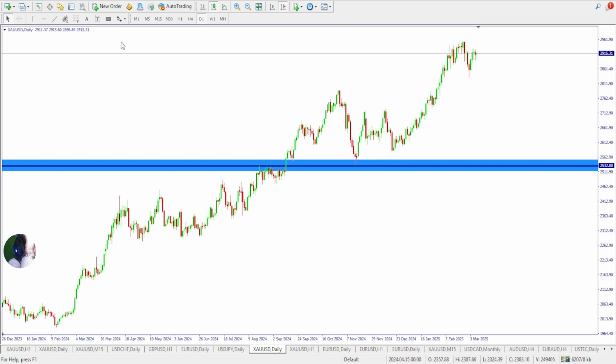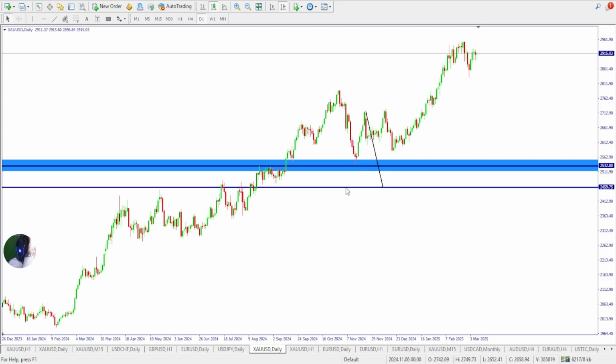Obviously using my ABCD method, if you know from my previous videos, this was one of the probabilities as well, like this, if you see. And this is the 2450. It was showing a completion right here, but then what happened?